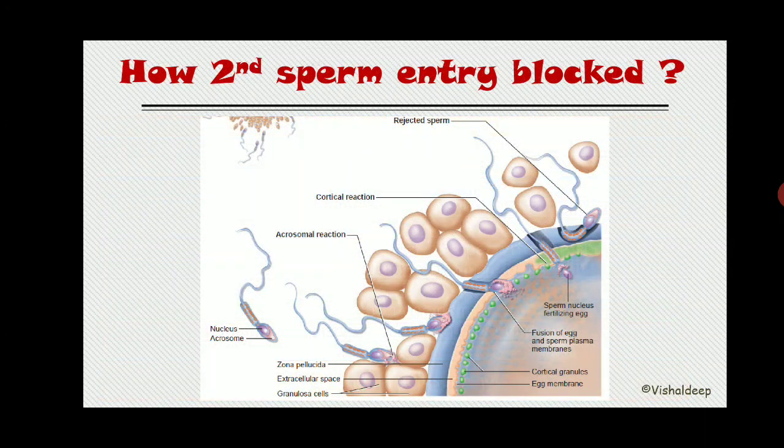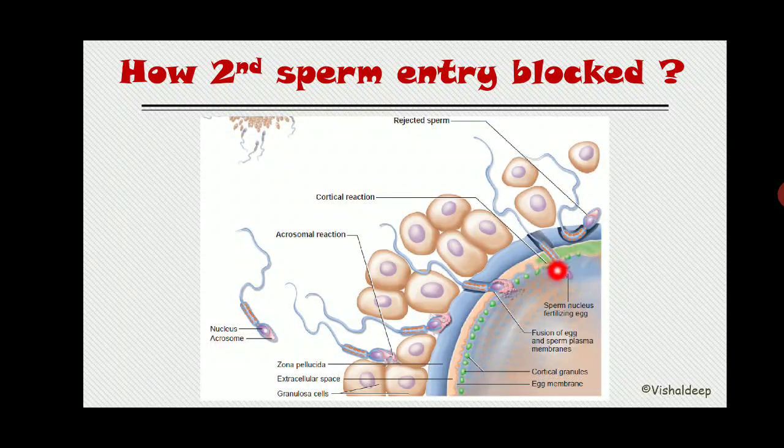Now it is very interesting how, once one sperm has entered the ovum, it blocks the entry of the other sperm. So the answer is like that. Whenever the sperm membrane fuses with the oolemma, it depolarizes the membrane of the oocyte.